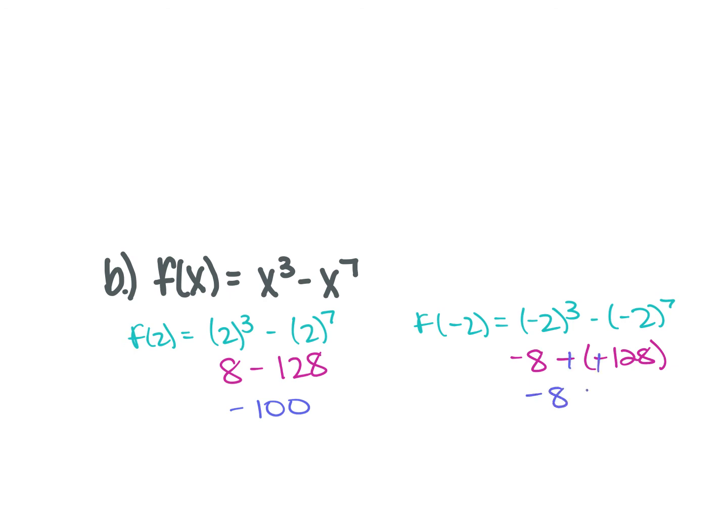So negative 8 plus 128 is positive 120. So f of 2 is negative 120, and this one is positive 120. So these two are opposites of one another. So this one is odd.